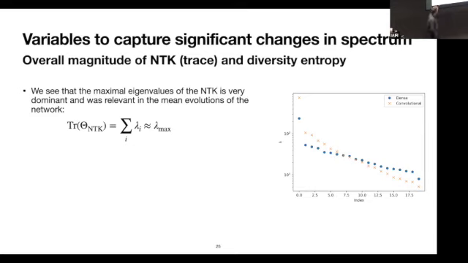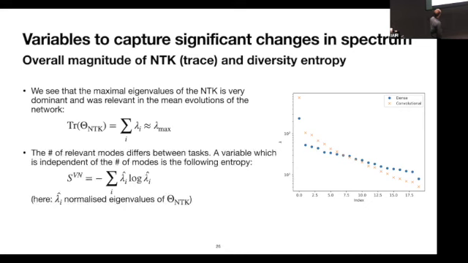This naturally suggests that we should look at this maximal eigenvalue, or respectively the trace of that object, as one variable. Another thing that we think is very relevant in this case is the number of these modes and how they differ from each other.